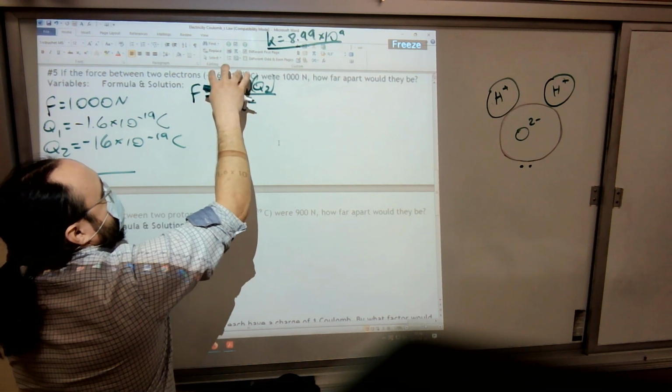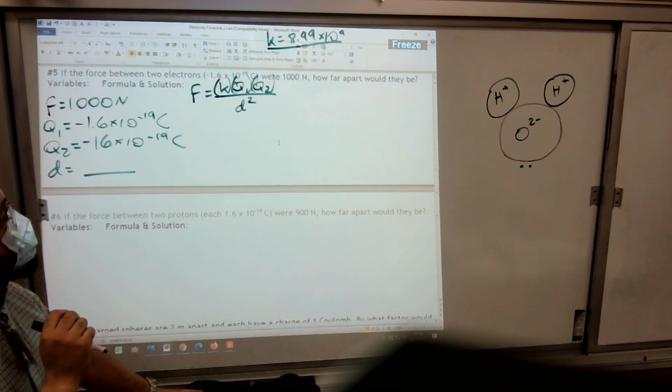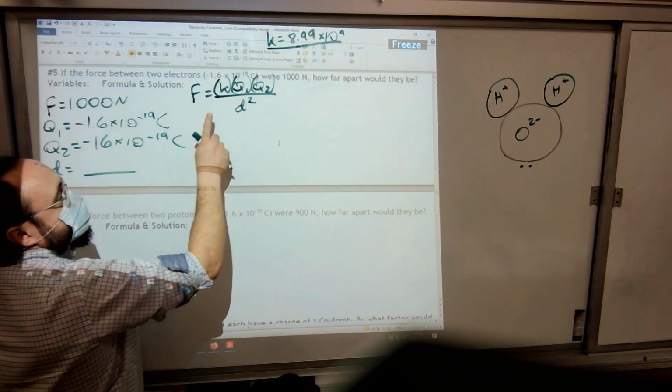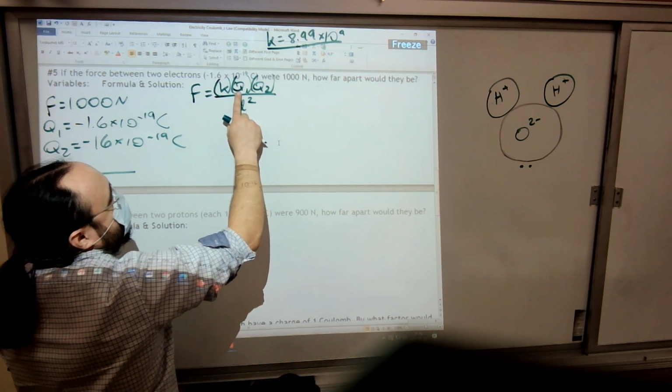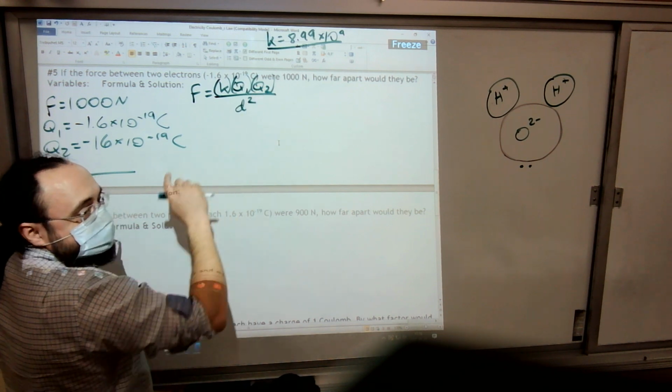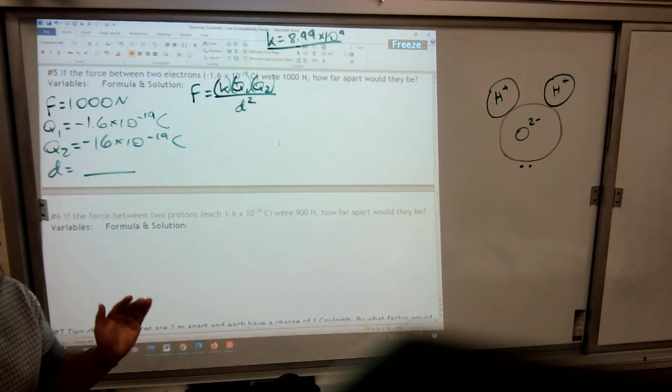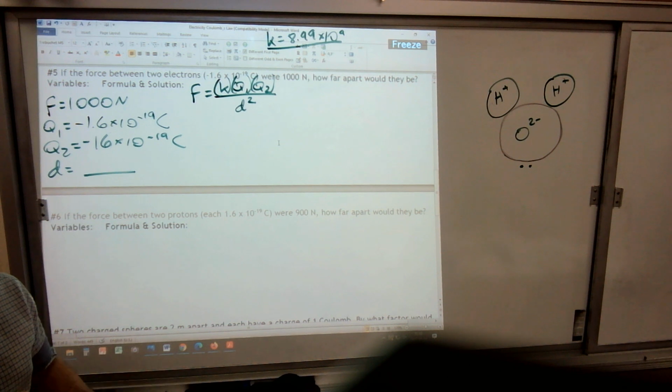These numbers have to be together. But if you use that little e shortcut, like you can say 8.99e9 times negative 1.6e negative 19, without using parentheses, because the e makes it one number, and the calculator knows. But it doesn't know if you just say times 10 to the.